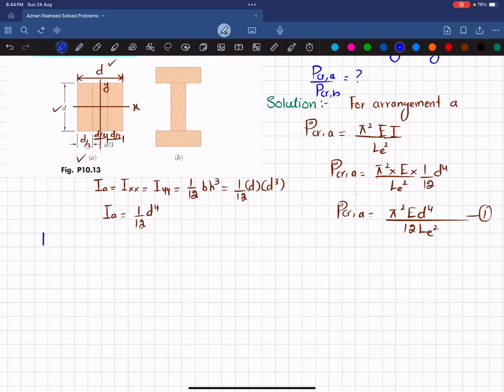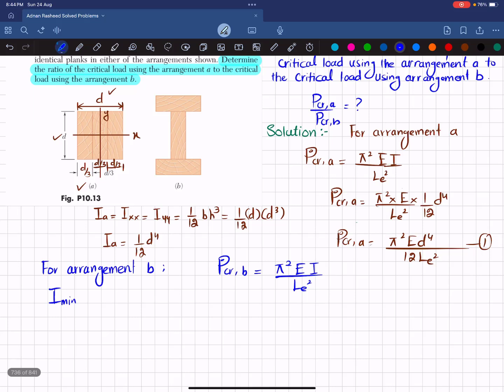Now for arrangement B, we know that the critical load will be the same formula, pi square E multiplied by I divided by LE square. Here we will take I minimum. Why? Let me show you: if you take the horizontal axis, this will be the x-axis, and the vertical axis will be the y-axis.